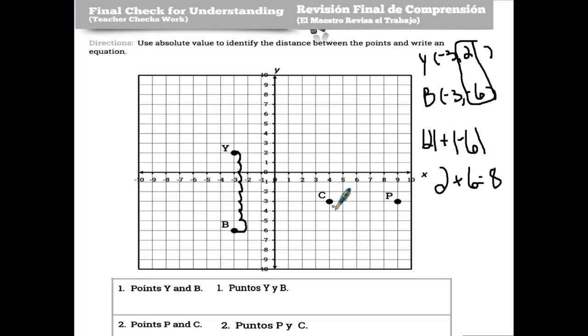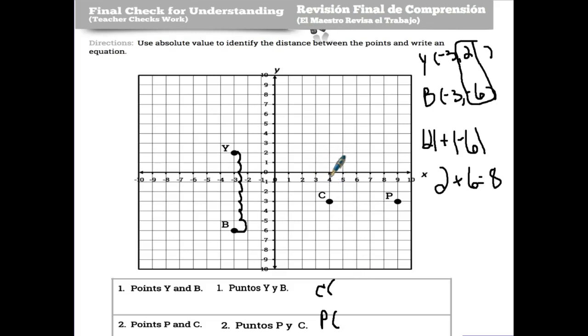Now, I'm going to find the coordinate points for C and the coordinate points for P, and I notice they're both in the same quadrant, so I know I'm going to have to subtract the absolute value. But first I'm going to write the coordinate points, and then I'm going to count and then confirm using absolute value.